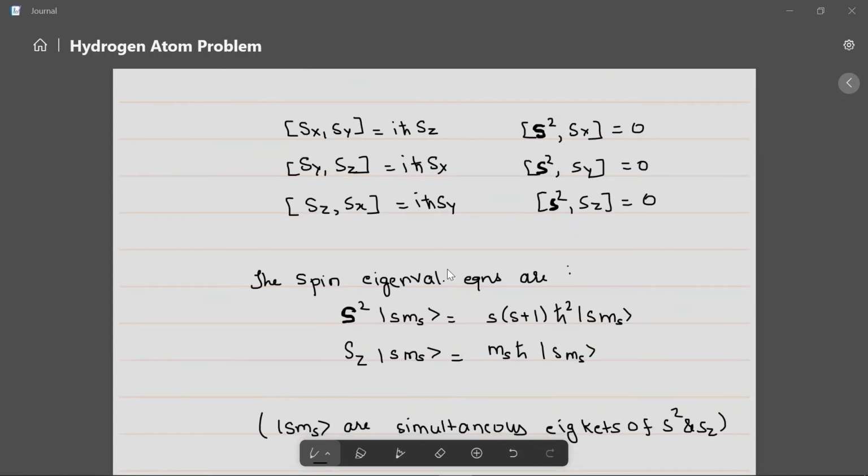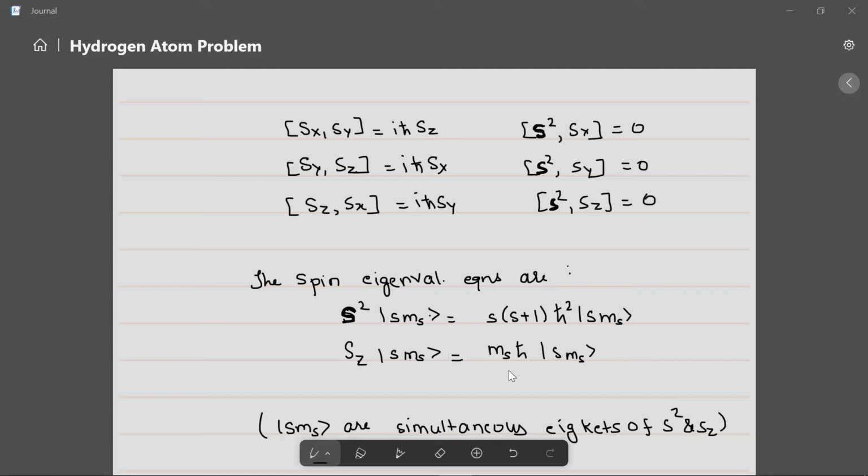So now if you look at the spin eigenvalue equation, after we did the Stern-Gerlach thing, this is the eigenvalue equation we got for spin angular momentum. So the S square operator has the eigenvalue s(s plus 1) h cut square, and Sz has the eigenvalue ms h cut. Now you might wonder, why am I writing the same kets for both of them?